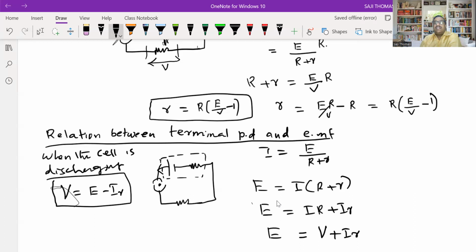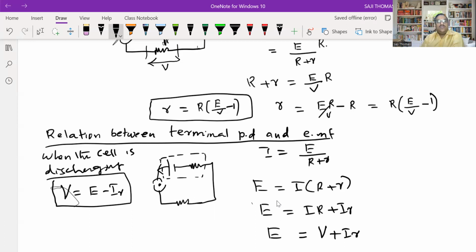V equals E minus Ir. So the terminal potential difference is less than the EMF by a quantity Ir. This I into small r is known as lost voltage. That much voltage is dropped across the cell.